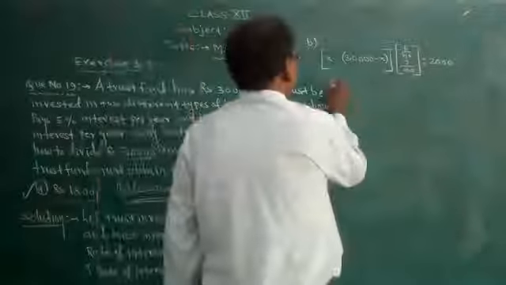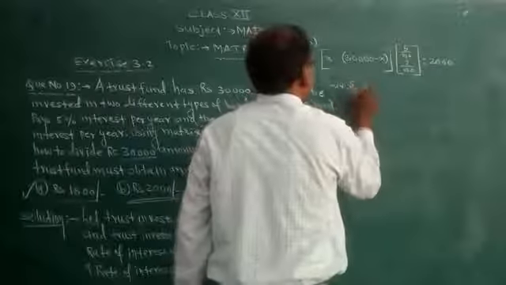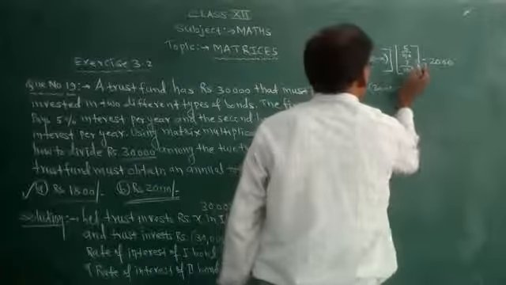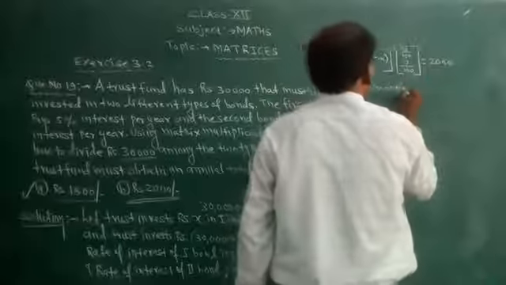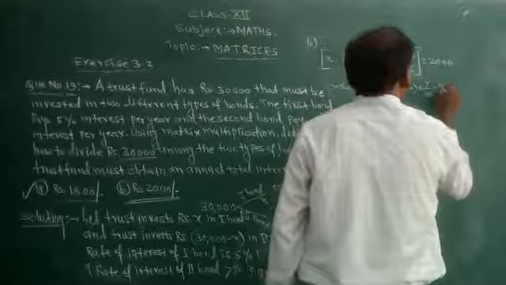So this will be x into 5 upon 100 plus 30,000 minus x into 7 upon 100 equals to 2,000.